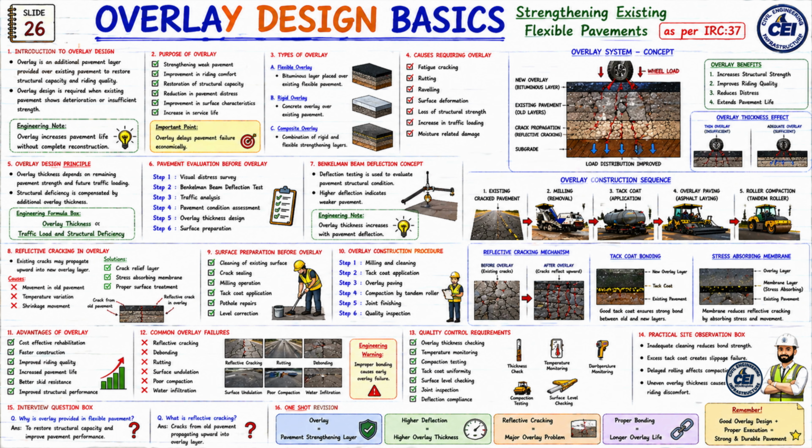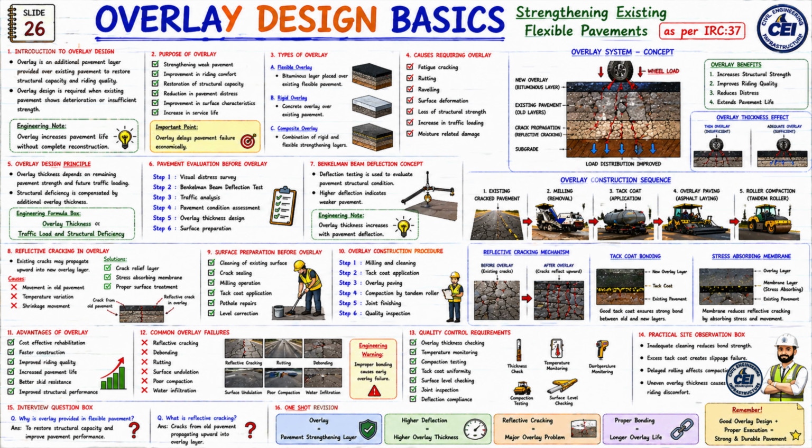Now let us look at the fourth topic. Causes requiring overlay. Overlay is needed for fatigue cracking, rutting, raveling, surface deformation, loss of structural strength, increase in traffic loading, moisture-related damage. And these are the common distresses seen on practical roads.